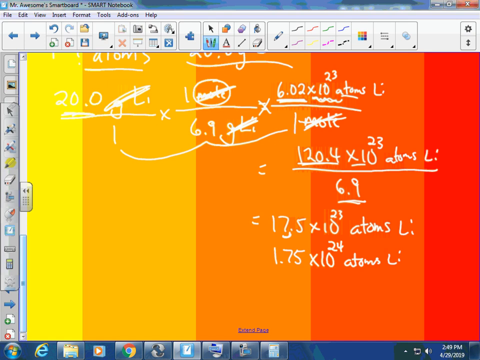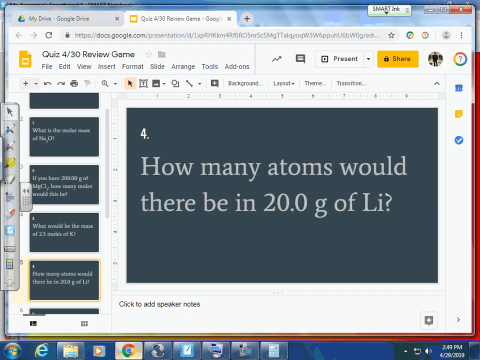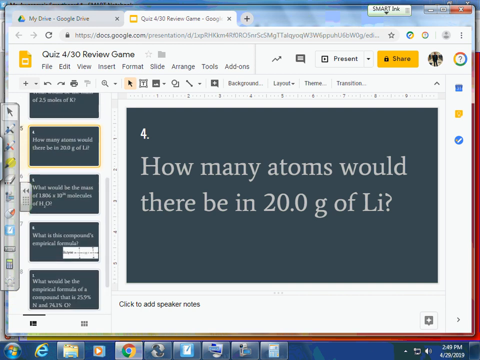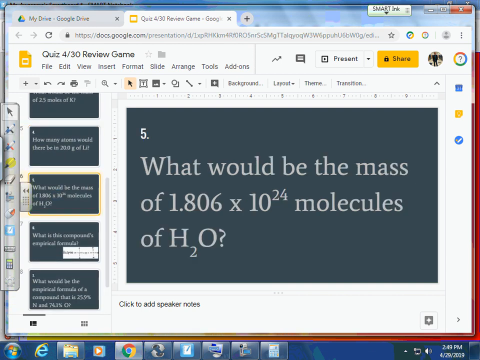Okay, so next problem. That was one of the longer ones there. What would be, oh, well, this is kind of a long one too. What would be the mass of 1.806 times 10 to the 24th molecules of H2O?